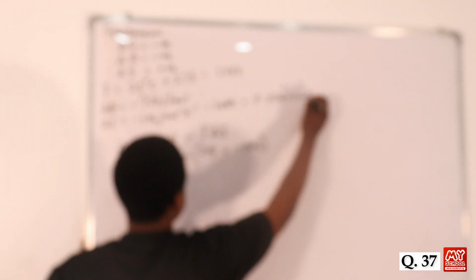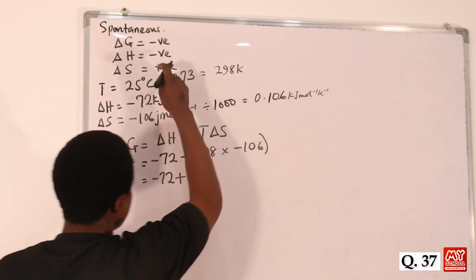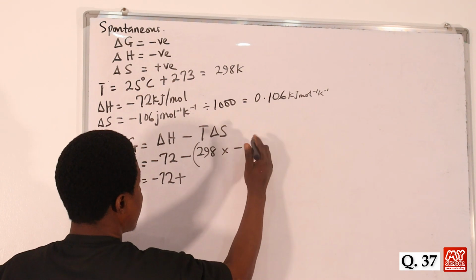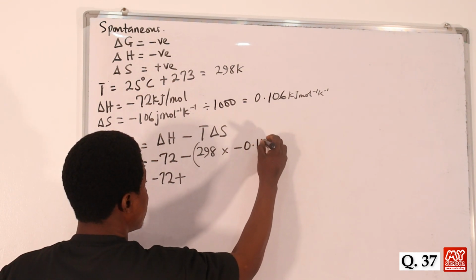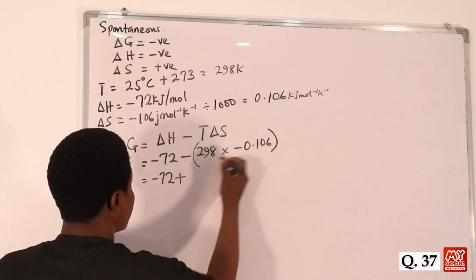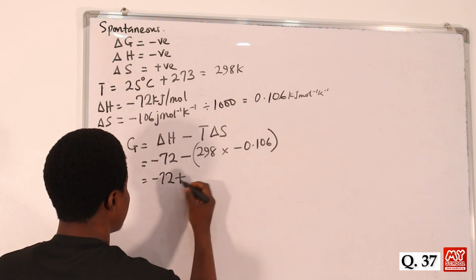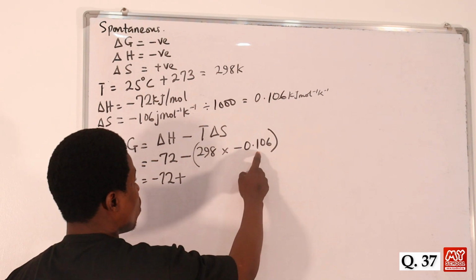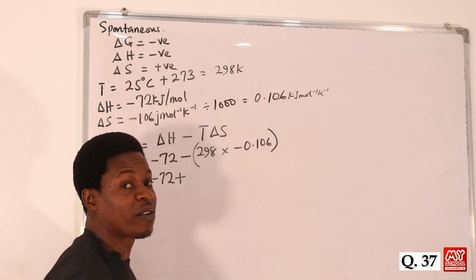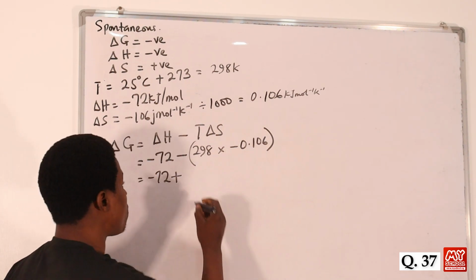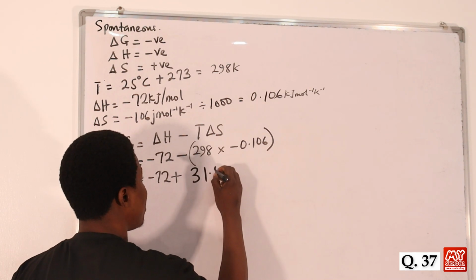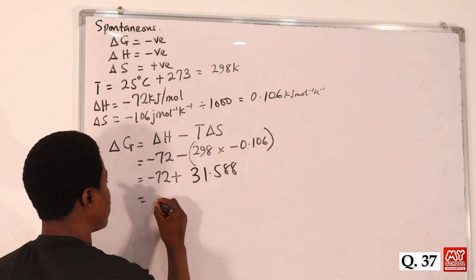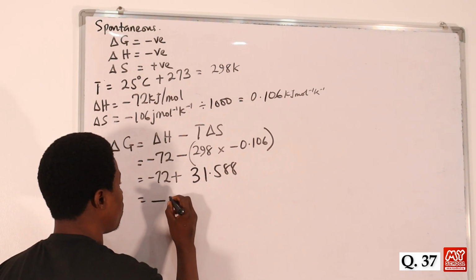They must be in the same unit. So if you multiply 298 by 0.106 on your calculator, you have 31.588.